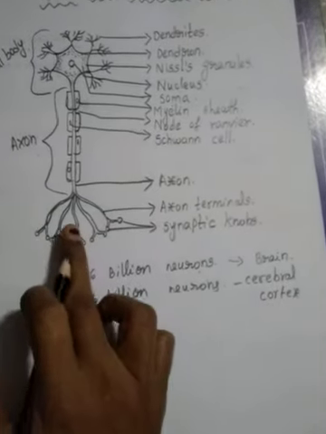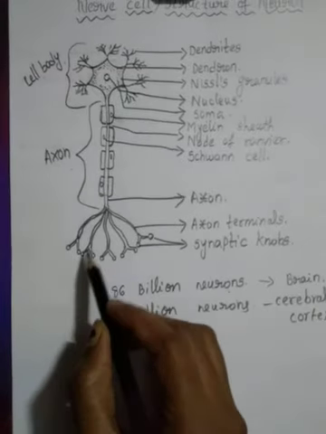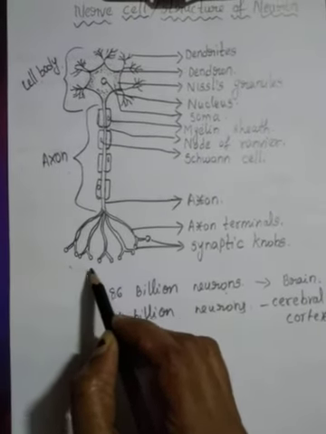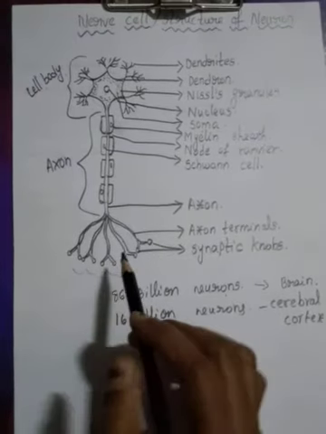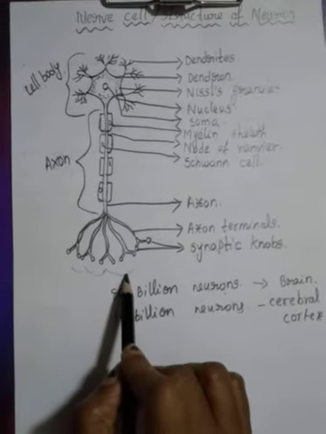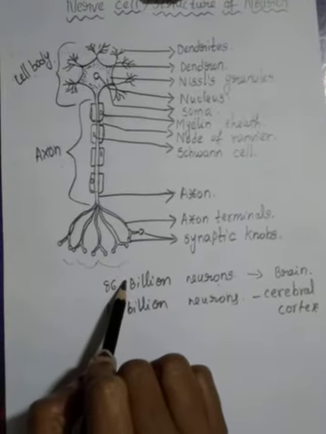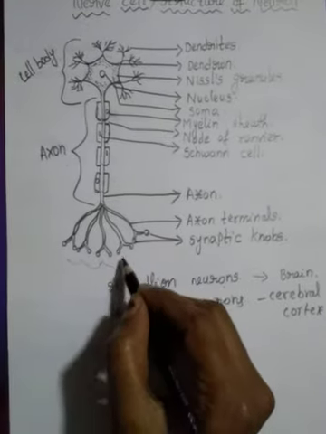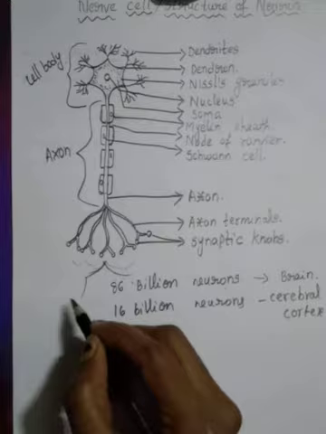These neurons are connected to one another. See, the next neuron cell will start here. But they are not connected to each other directly. There will be some gap. Instead, they have tiny gaps called the synapse. For example, here another neuron will start.